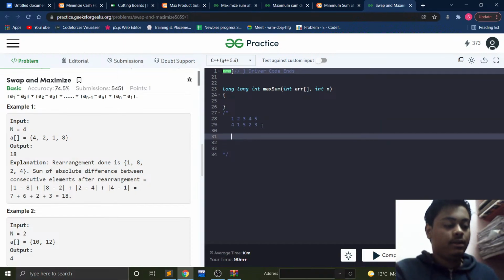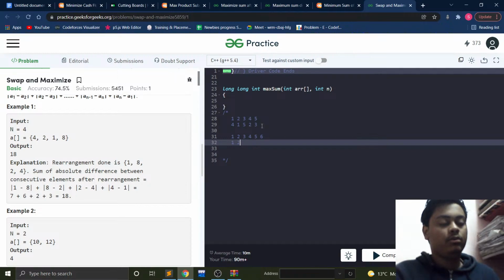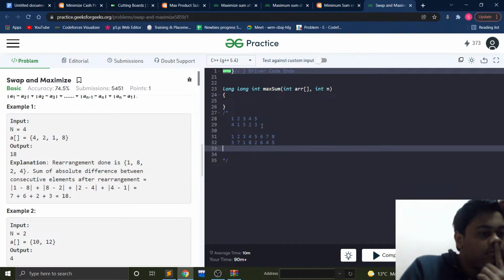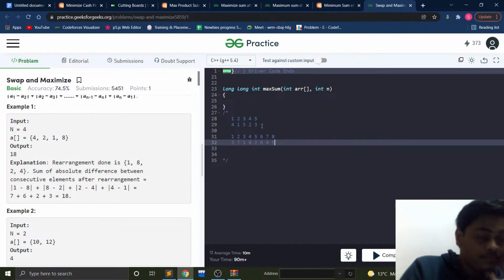For 6, let's take 1 and 2, or maybe let's take directly 8. In between 1 and 2 I'll put 8, then I'll put 7 between 1 and 3, then there I can put 6 between 2 and 4, then I'm remaining with the 5, right? It doesn't actually matter where I put the 5. The value will be in the middle of both.